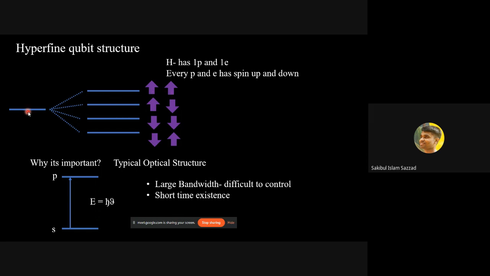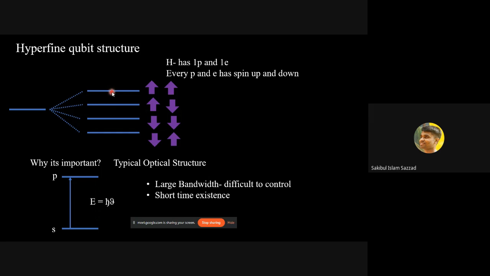The energy level of the electron is split into four ways, and these energy gaps are split in such a way that they are very narrow. Narrow means every energy level has some top and bottom, so there is a top and a bottom.